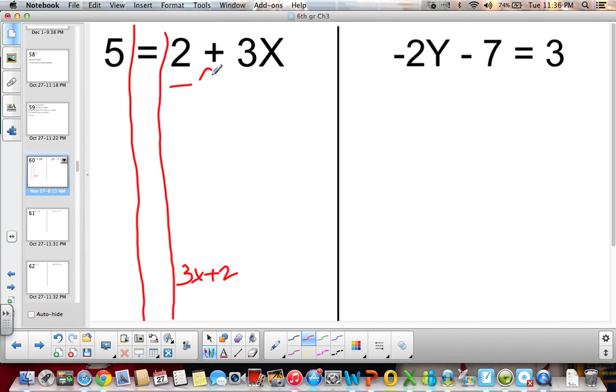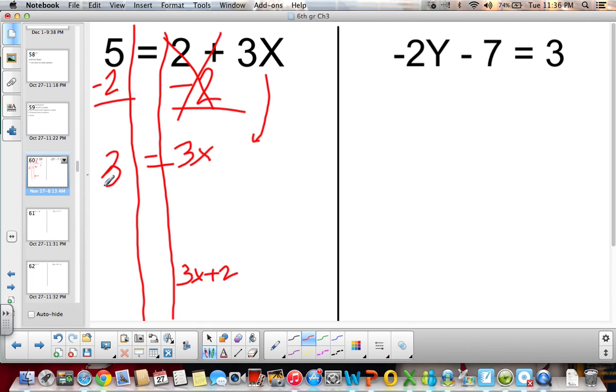What we're going to do is subtract 2, and we always have to do that on both sides. 2 minus 2 cancels out. It is 0. We still have 3x, so we bring that down. So we have 3x equals, and then 5 minus 2 equals 3.